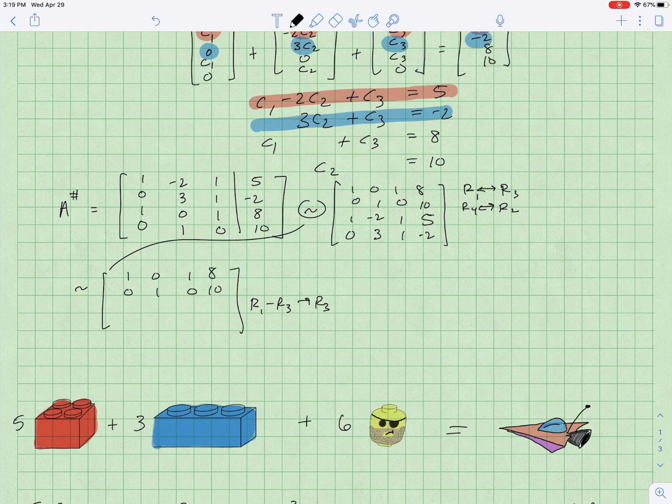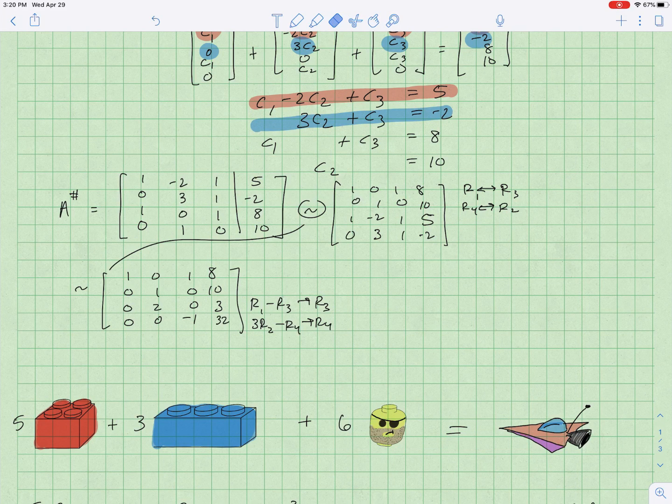And that will give me 1 minus 1 is 0, 0 minus negative 2 is 2, 1 minus 1 is 0, and 8 minus 5 is 3. And then 3 times row 2 minus row 4 is my new row 4. So that'll give me 0, 3 zeros minus 1 is negative 1, and 3 tens minus negative 2 is positive 32.